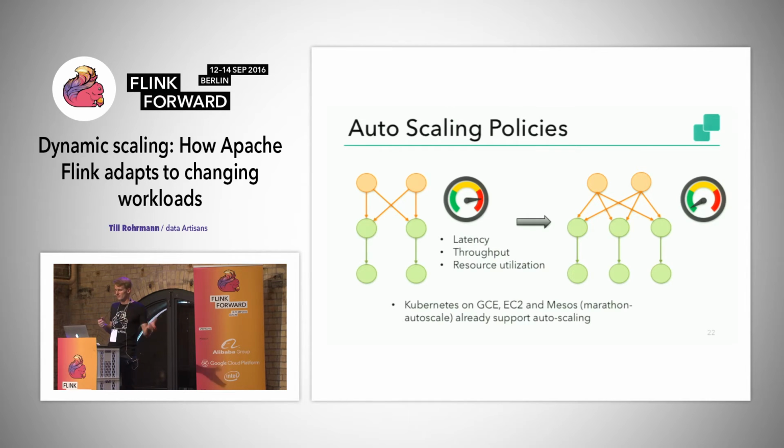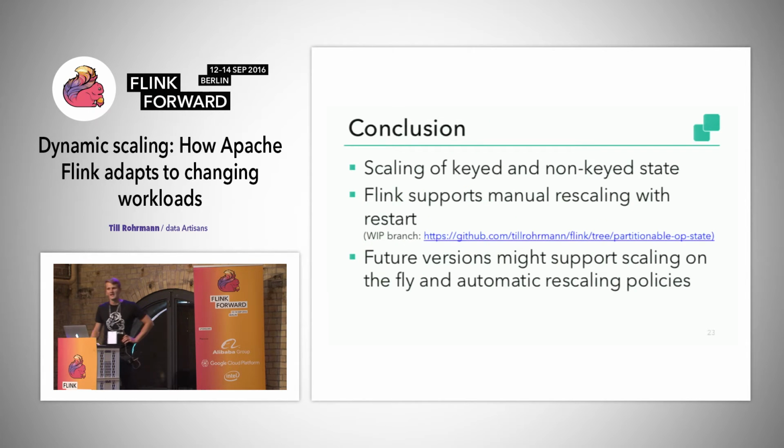This is actually not too far-fetched, because there are already systems out there which offer the functionality for that, like Kubernetes, EC2 or Mesos allow to automatically scale services, and maybe it's just to plug Flink in there. We have to see. So this brings me to the end of my talk.